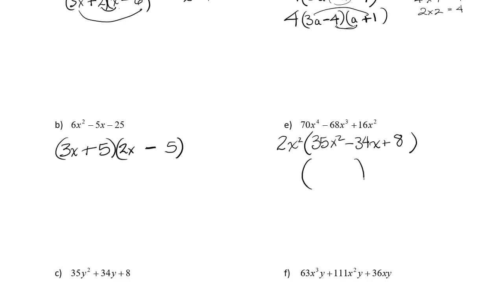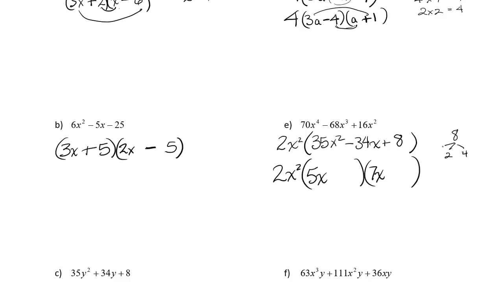So now we need to factor that trinomial. Drop your common factor out front. 35 is 5 times 7, and x. And then I need to figure out how I'm going to break up the 8. A good starting point is to get 8 to have factors as close together as possible.